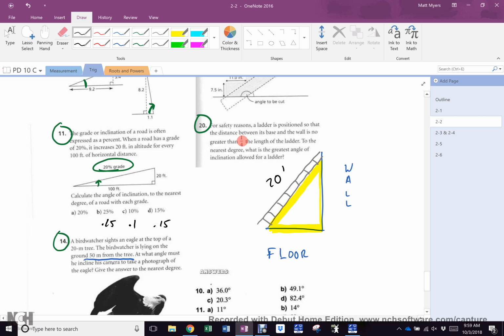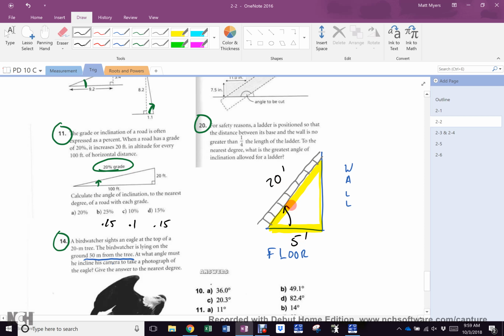Yeah, because the distance between the base of the ladder and the wall can't be bigger than 1/4 of that. So any number that divides by 4 works here, doesn't it? Because the size of the triangle doesn't matter, does it? Size of the triangle does not affect the angles. So if this is 20, what's 1/4 of 20? 5. Right?